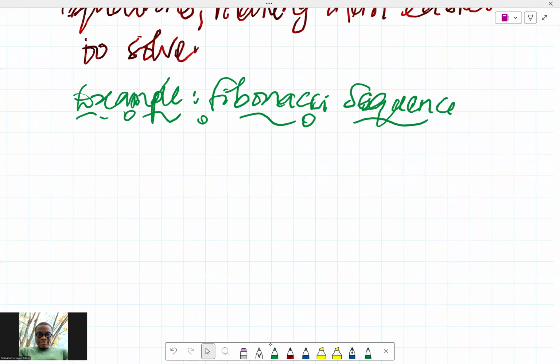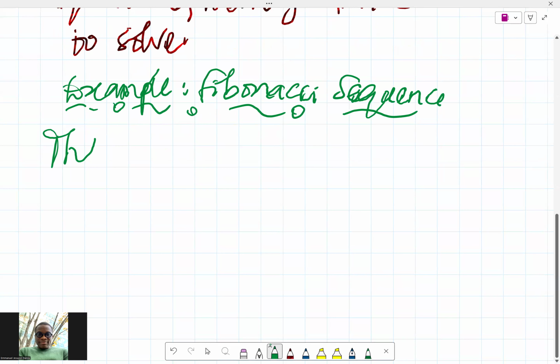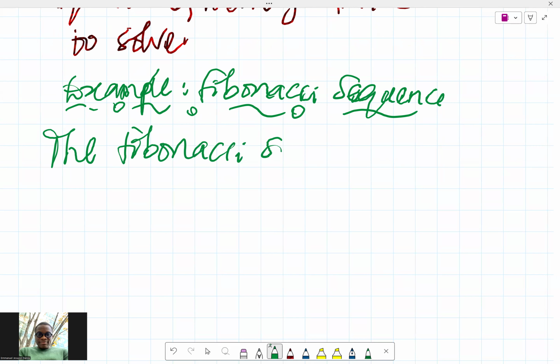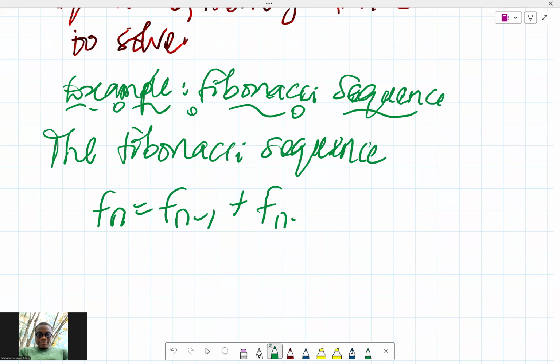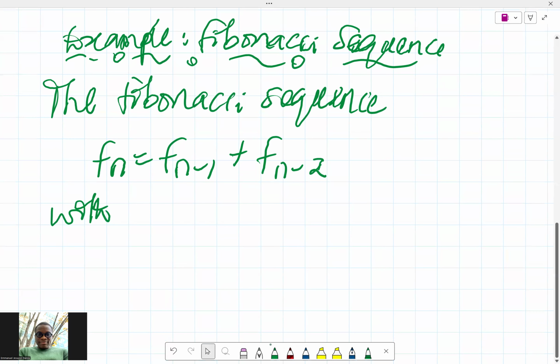The Fibonacci sequence is given by Fn equals Fn minus 1 plus Fn minus 2, with F0 equals 0, F1 equals 1.